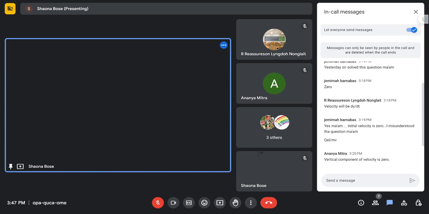So you put in the values. So you have 4 pi, 3.14, and rho, 800 kg per meter cube.